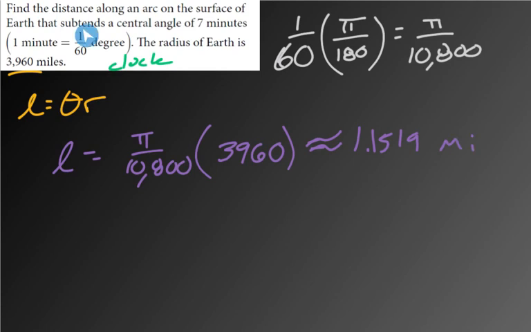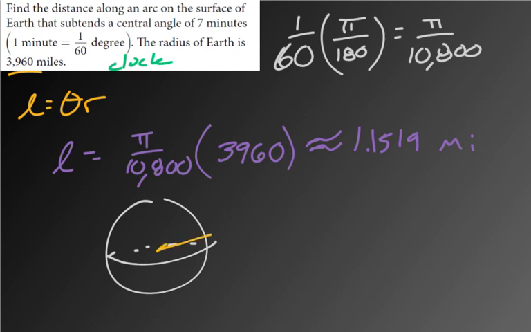So this super small angle, which is honestly quite hard to even draw, basically the idea is that in Earth here, you have this insanely small little angle, okay? And it still maps out over a mile on the surface of Earth.